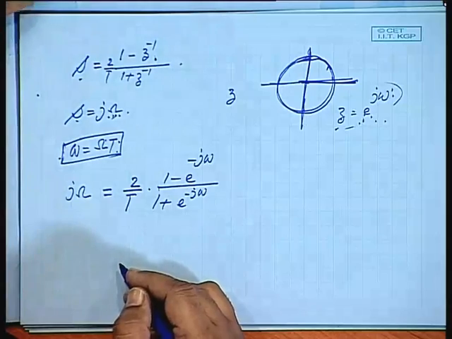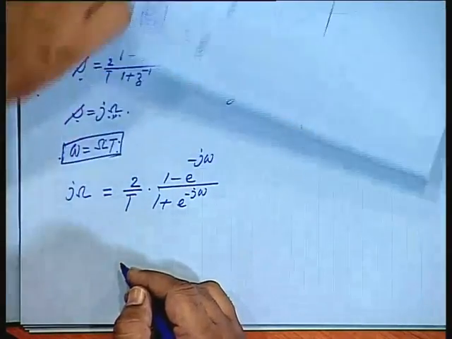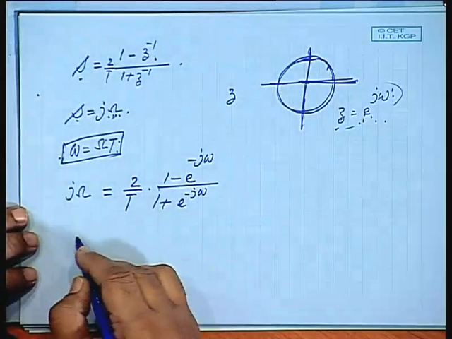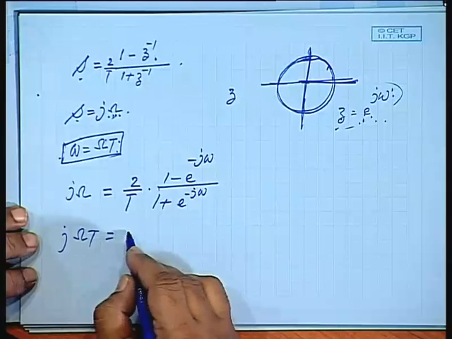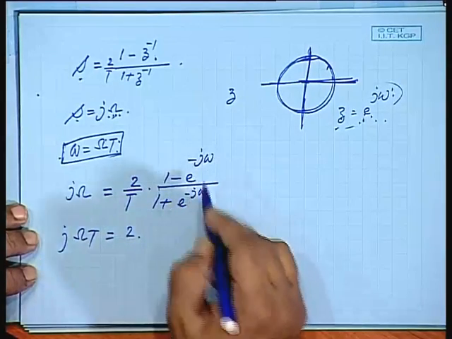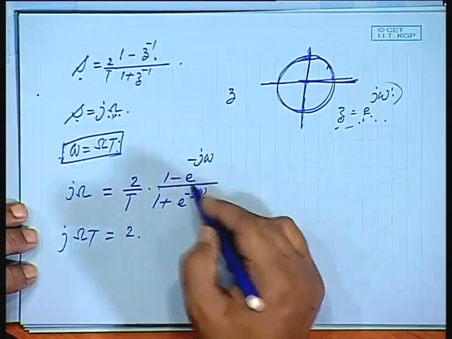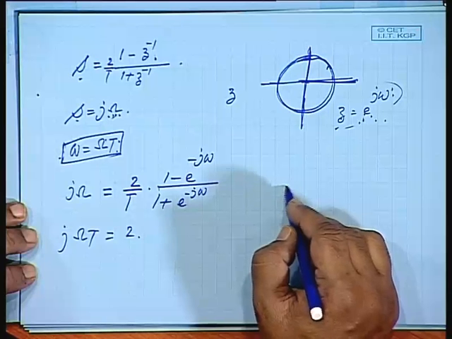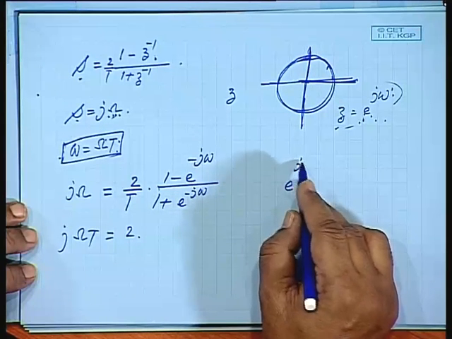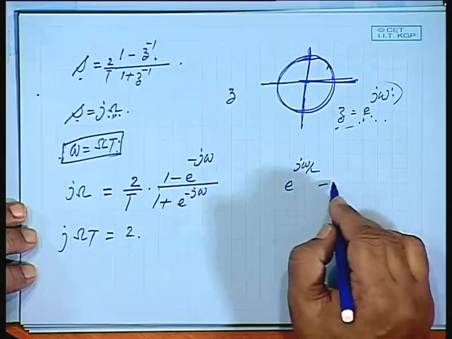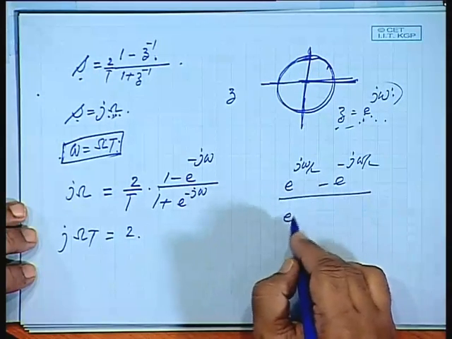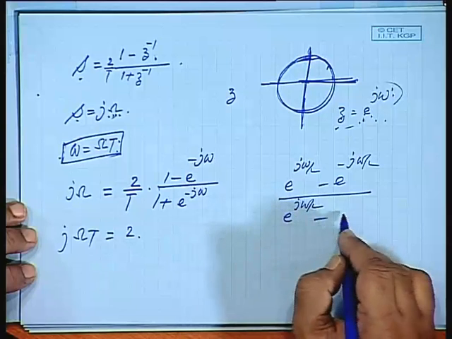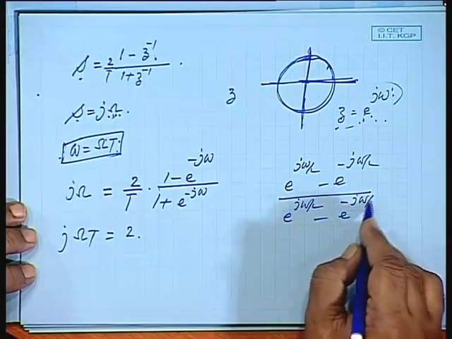So, we saw here e to the power j omega, omega into T j times is equal to 2 into 1 minus e to the power j omega. If I multiply by e to the power minus j omega by 2, it will become e to the power j omega by 2 minus e to the power minus j omega by 2 divided by e to the power j omega by 2 plus e to the power minus j omega by 2.